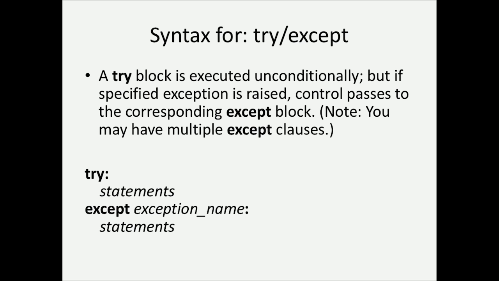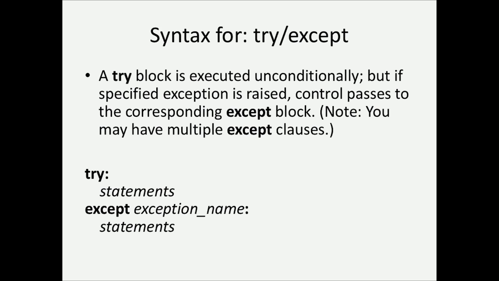There are some variations on this syntax. I haven't shown them all here. We can also have just the word except with no exception name. If you do that, it will simply handle every possible exception. So it's basically a catch-all if you want to take that approach. You don't have to worry about the program abruptly quitting on you, but you still have to figure out what it did wrong and what kind of warning to give.